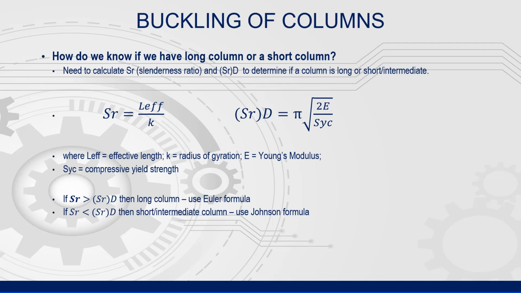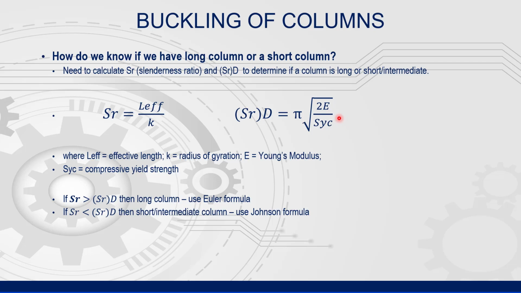The slenderness ratio considers the geometry of the column, that is, the effective length divided by the radius of gyration. The critical slenderness ratio is based on the material properties. It's pi times the square root of 2 times the modulus of elasticity divided by the compressive yield strength.